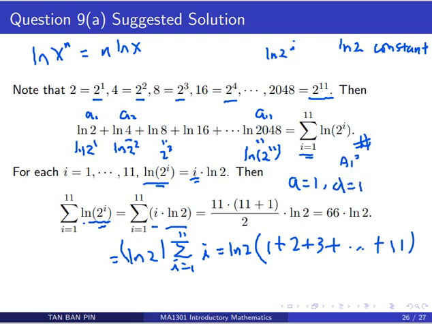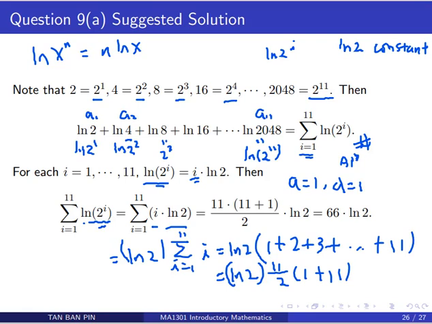So you're adding 1 to 11. So the sum will be n over 2, 11 over 2, times first term plus last term.